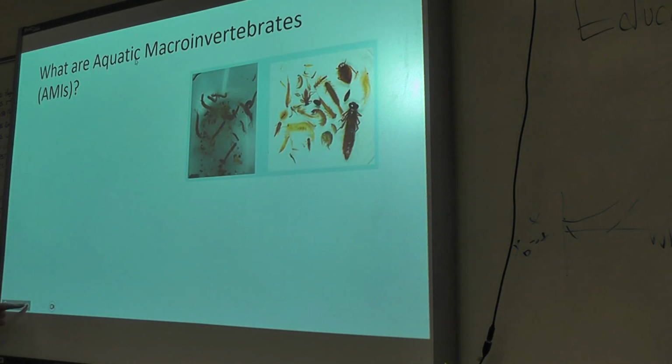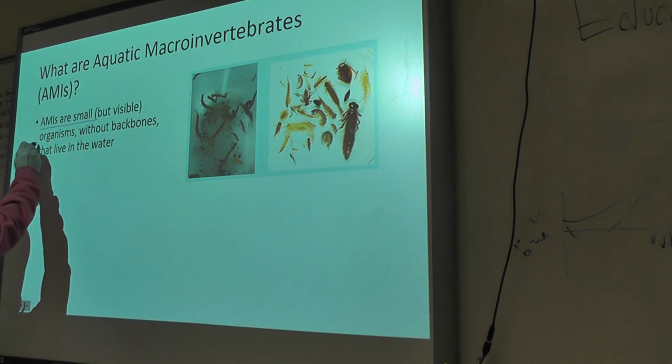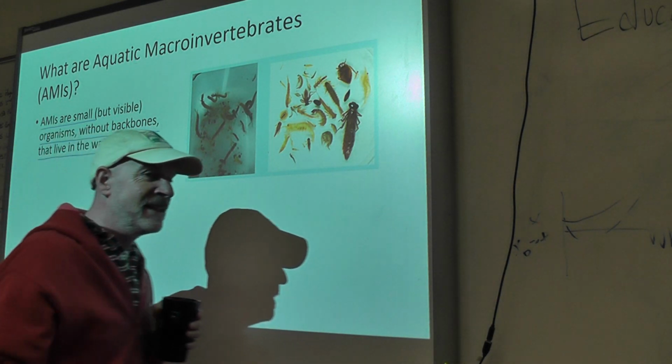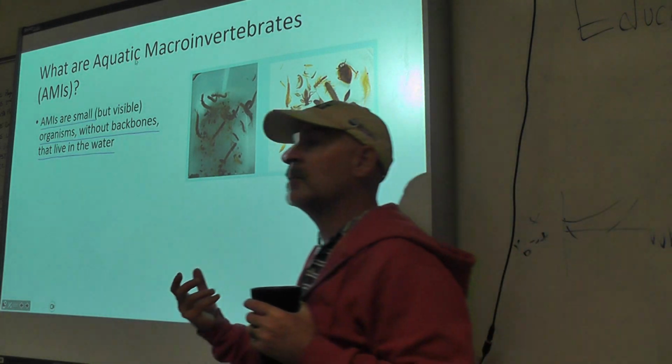Aquatic macroinvertebrates are awesome. They are tiny creatures. They're small. They do not have backbones, and they live in the water. And I think it's kind of interesting for those of you who are linguistically inclined, people who really like to think about words and word origins.